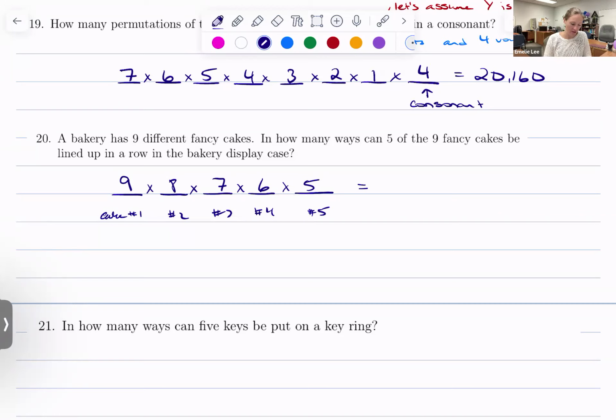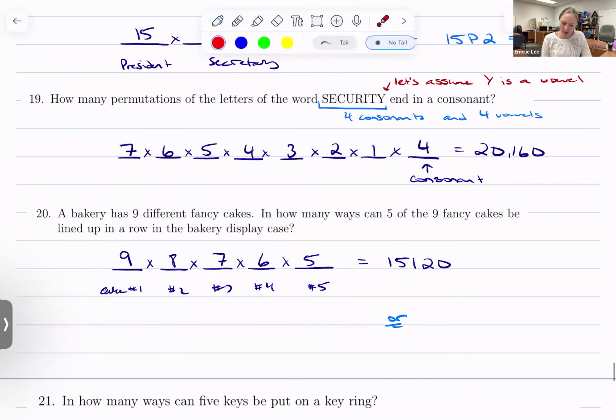9 times 8 times 7 times 6 times 5, which is 15,120 different ways. Or, once you've decided that order matters and there are no restrictions that you're dealing with, up here we couldn't really use permutations because we had restrictions that we had to take into account, and so the slots are really the only way to do that.